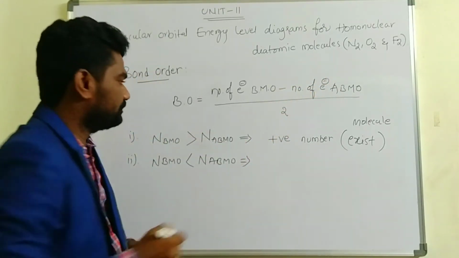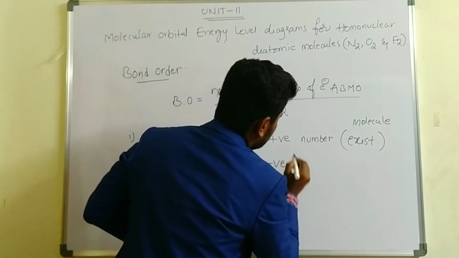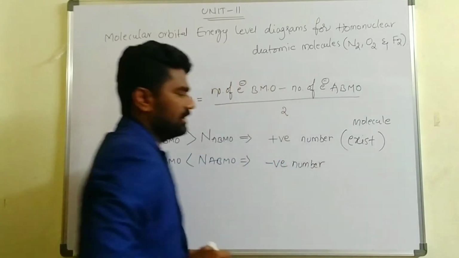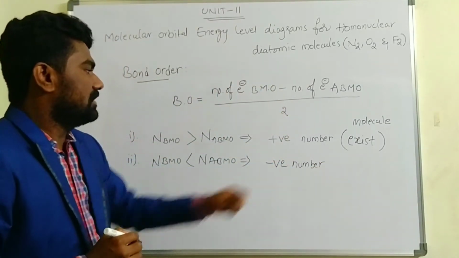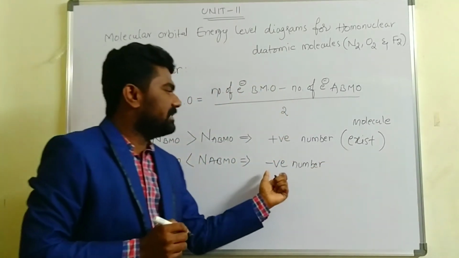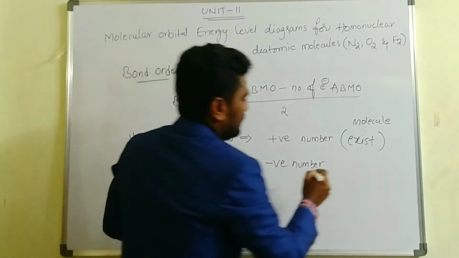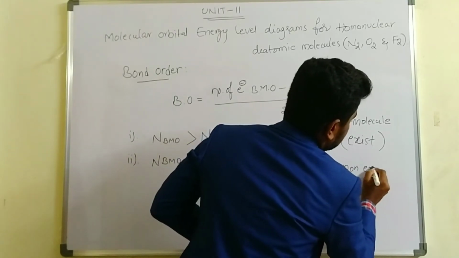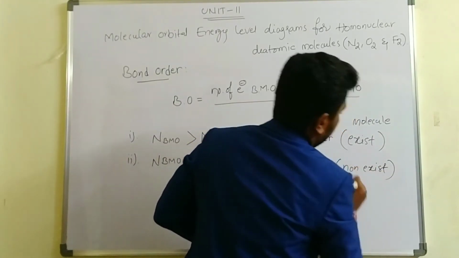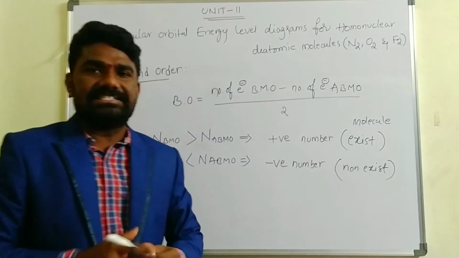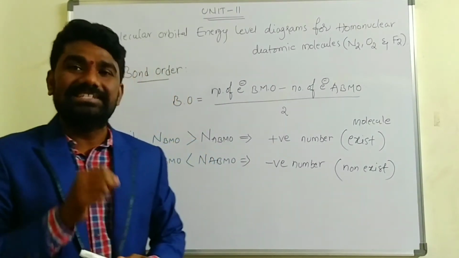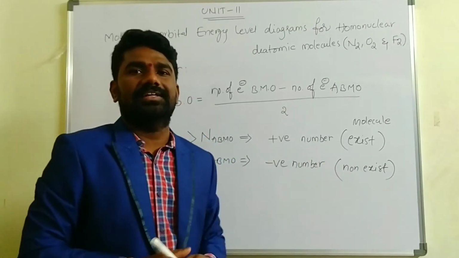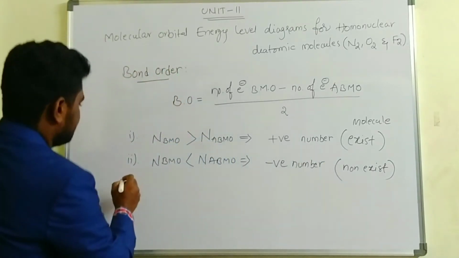We will get a negative bond order. If the bond order is a negative number, it is a non-existent molecule. That molecule has instability, or it cannot exist.